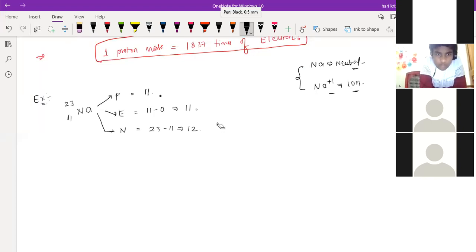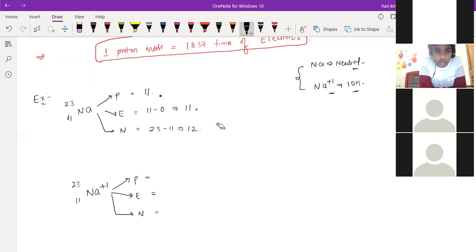In the same way, if I say sodium 11, Na plus 1, and 11 and 23. Sir, then electrons will be 10. What is the electron count and what is the neutron count?